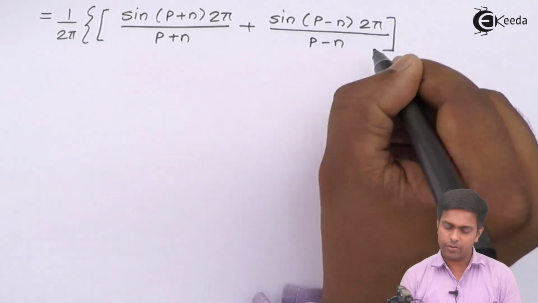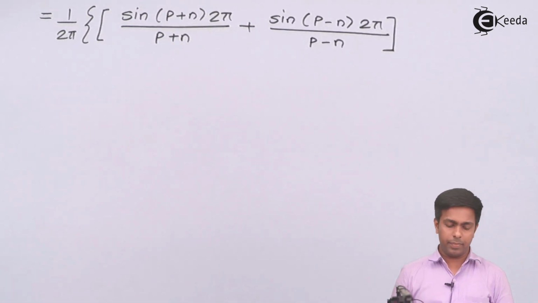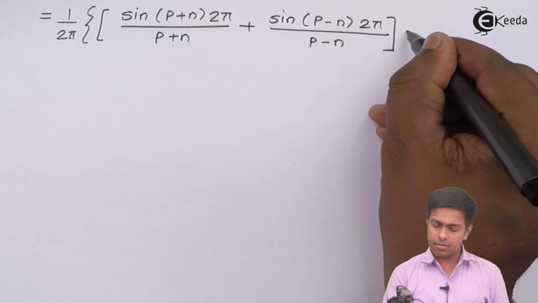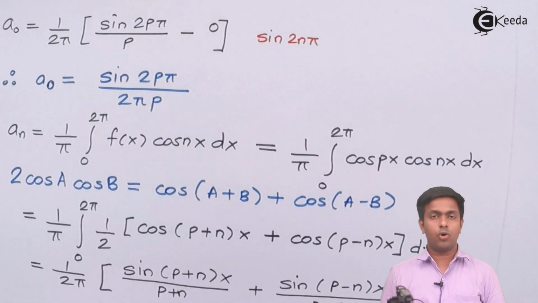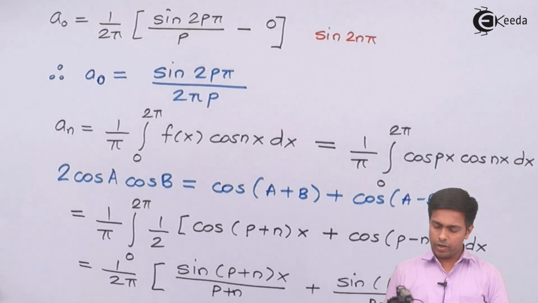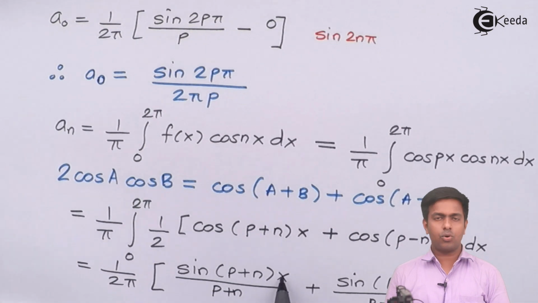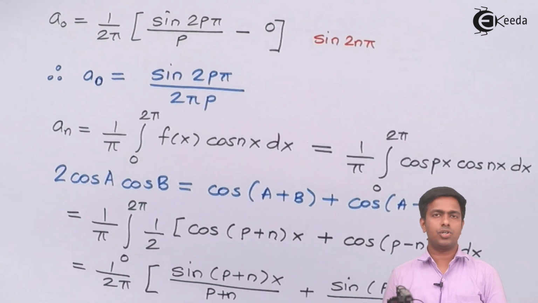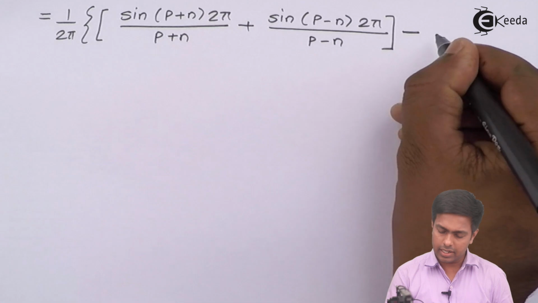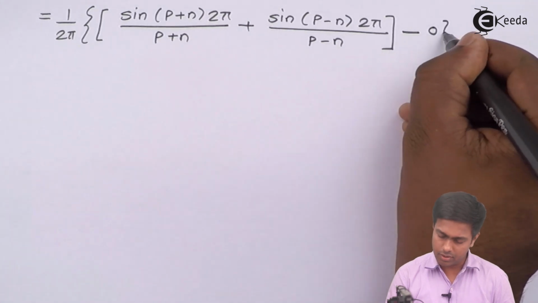So guys, this is the value which we got due to the upper limit. Now the middle sign is negative. Now we'll put the lower limit, which is 0. When we put 0, we'll get sine 0, that is 0, and this is sine 0, 0. So we'll get the whole result as 0. So the second term is 0.